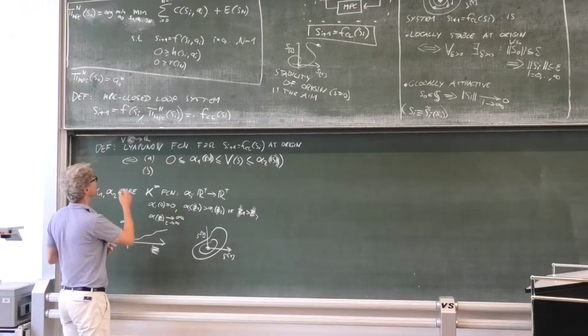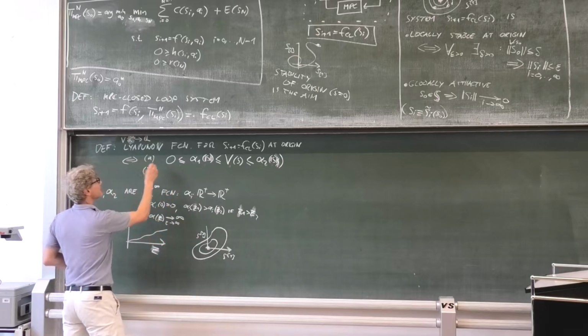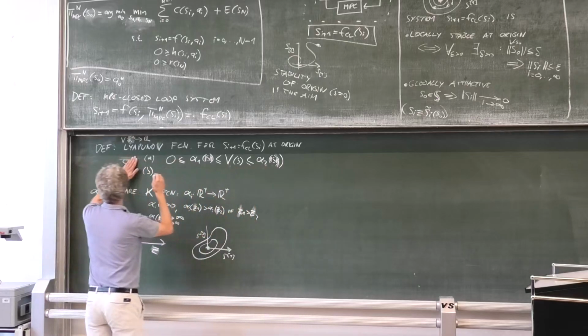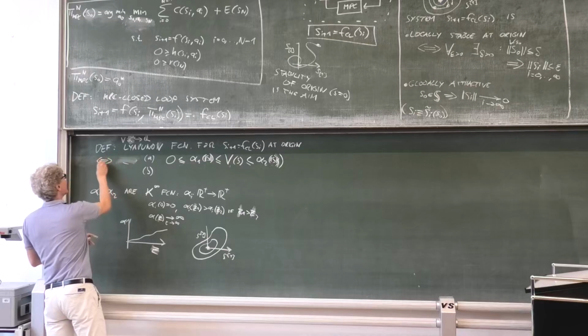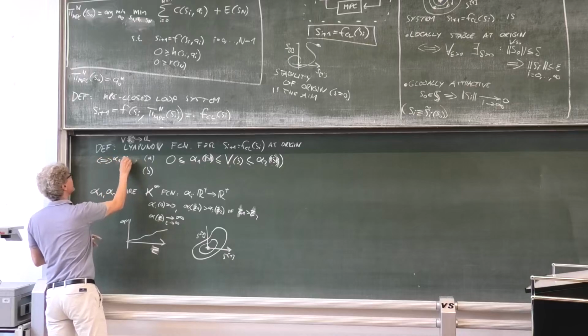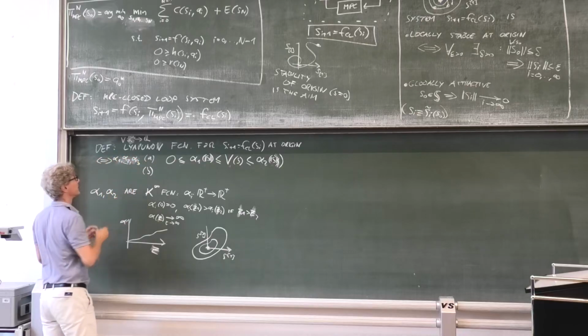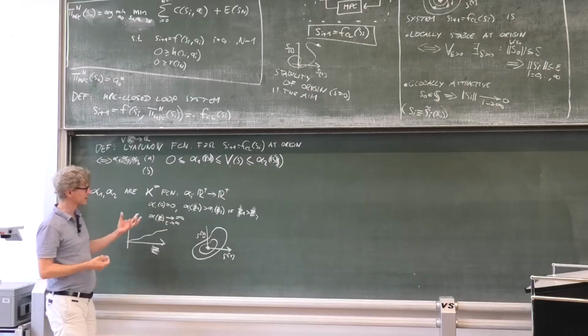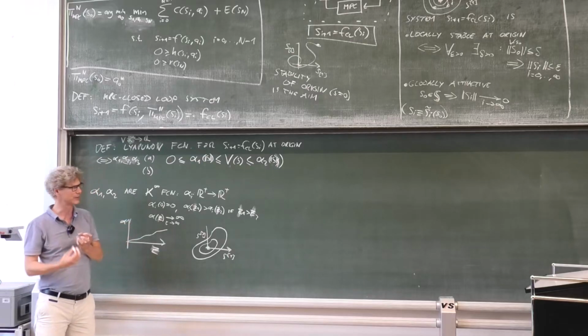and that is that there exists, first of all, I should say, right? So it's equivalent to the existence of functions alpha 1, alpha 2, and alpha 3. And alpha 3 now is a function that tells us how much we decrease in every time step.